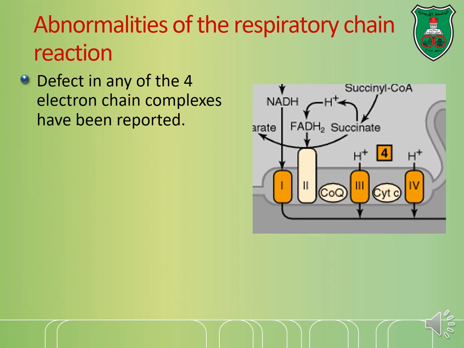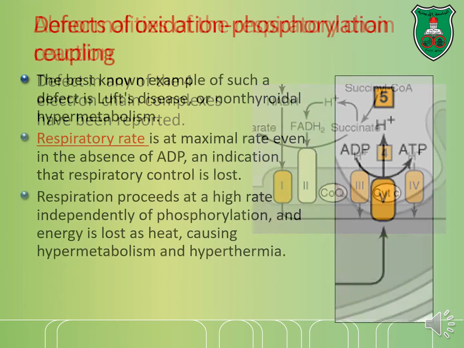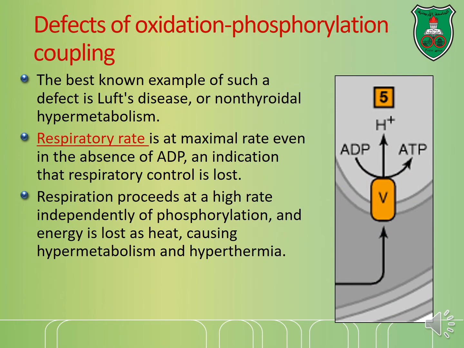Or you can have abnormalities in the respiratory chain reaction in any one of the 4 complexes, or in the oxidative phosphorylation. Okay, so the respiratory rate would be maximal in the absence of ADP, and that's an indication that respiratory control is lost.